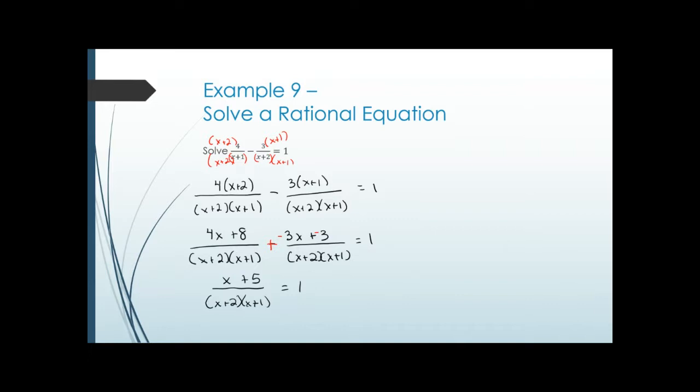Now, I want to get rid of my denominator. And since I just have a whole number on the right, there's no need to cross multiply. I'm just going to multiply both sides by the denominator. So I'm going to multiply the left by x plus 2 times x plus 1, and then the right by x plus 2 times x plus 1.